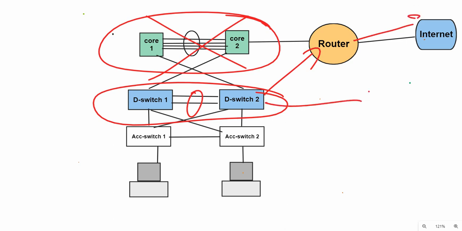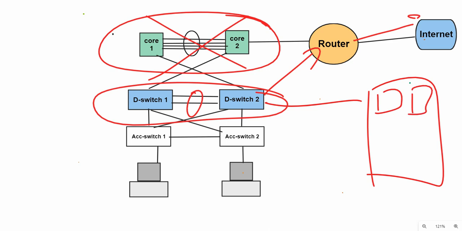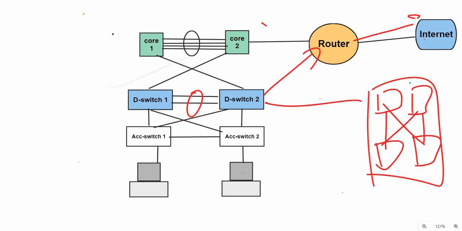And from this we connect to other distribution switches, which will be in another building, and then connect to other access layer switches and have redundancy as well. But that will be in another video. I just wanted to let you guys know that we can get rid of the three layer and have just a two layer architecture. But that will be in another video.